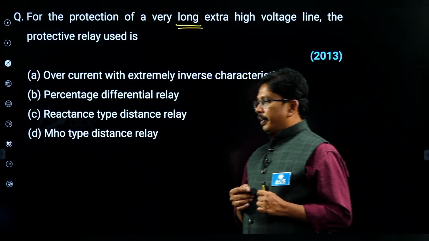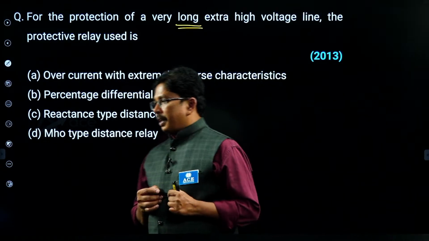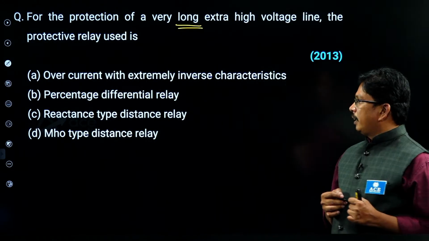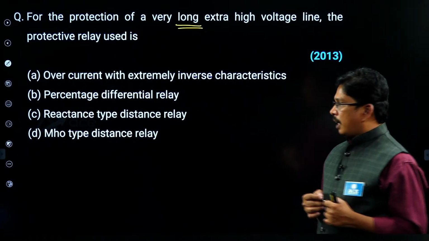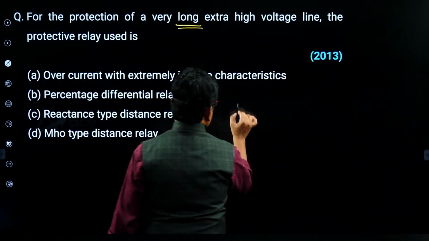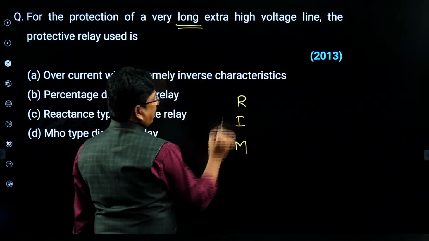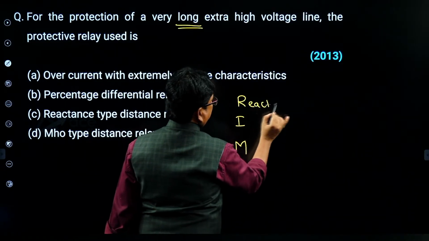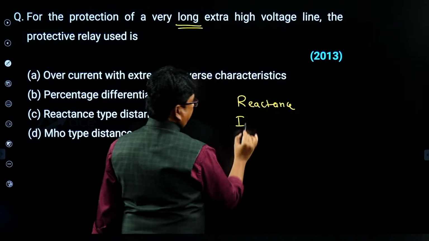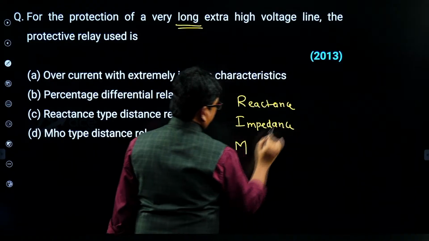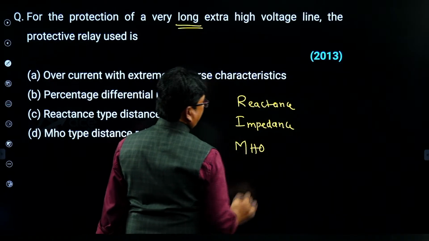Very good, Kishore. For the protection of long transmission line, we are going to use the mho relay. Remember, students, RIM: R means reactance relay, I means impedance relay, M means mho relay.